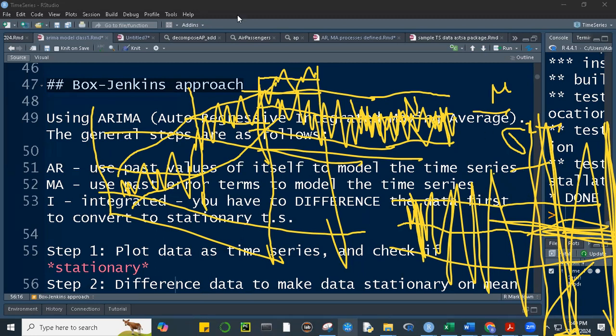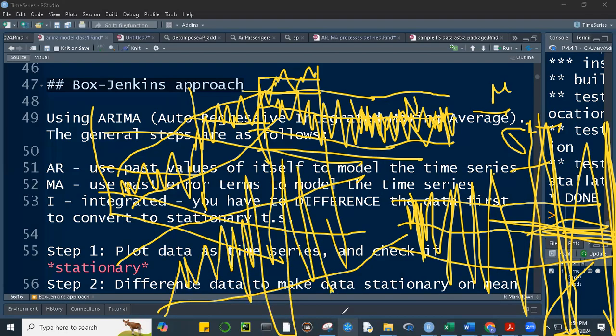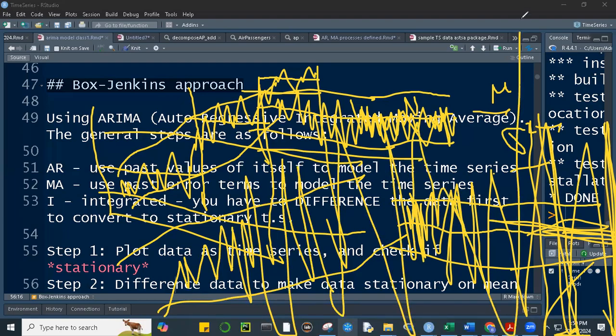So remember, for a stationary time series, both mean and variance should be constant. Sometimes both are not constant, like this one. If you have data like this, it has a trend here, and then the variance is also increasing. Sorry for the illustration.